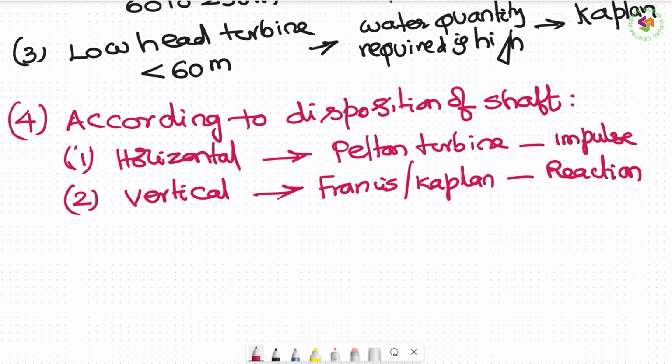So in the case of impulse turbines, the shaft disposition is generally horizontal, whereas in reaction turbines, the shaft disposition is vertical. Last one, according to specific speed.